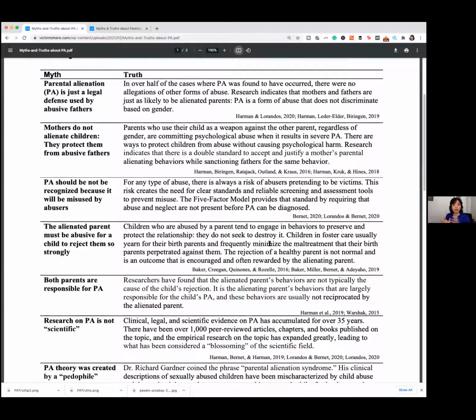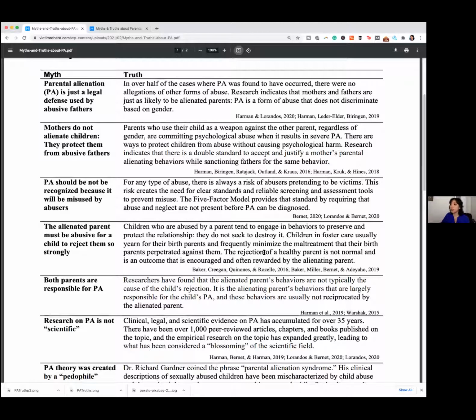They have been treated really poorly. It's proven that they have been abused. Yet when you research these foster care children, you find that even though they were abused by their parents, they still yearn for that relationship. They still want to go back to the abusive parents, and they will minimize the abuse. So they do not reject their abusive parents.